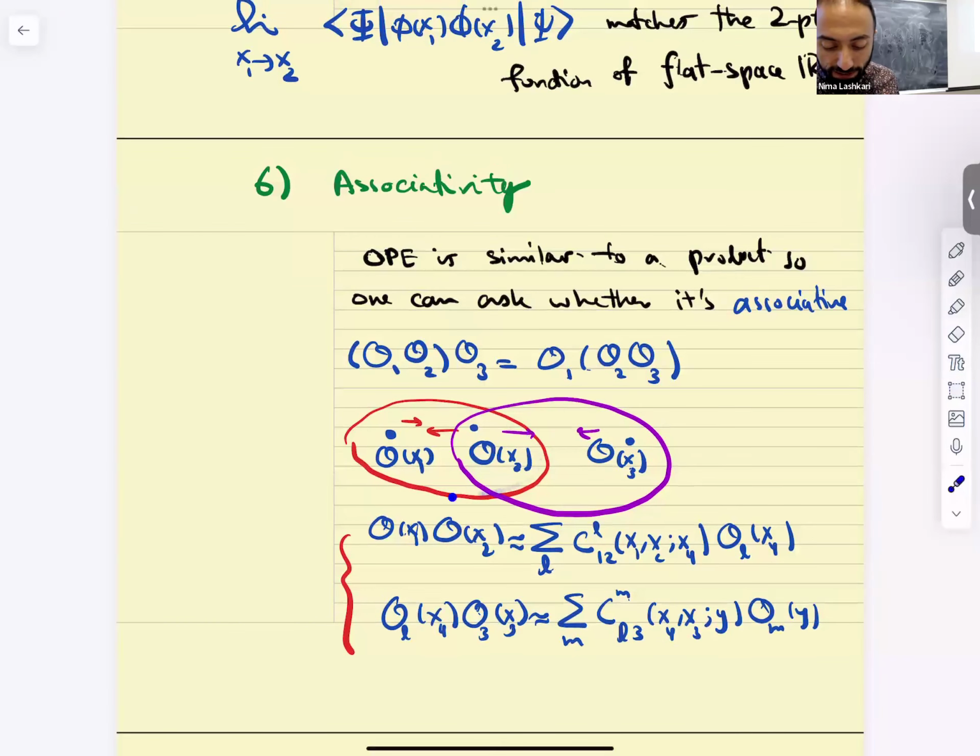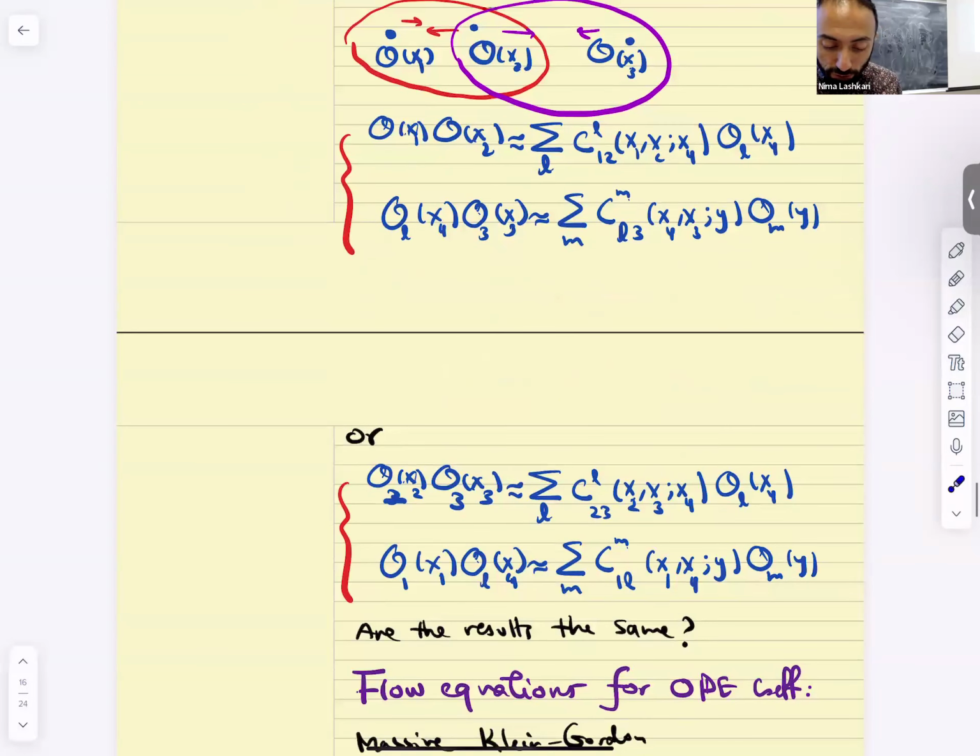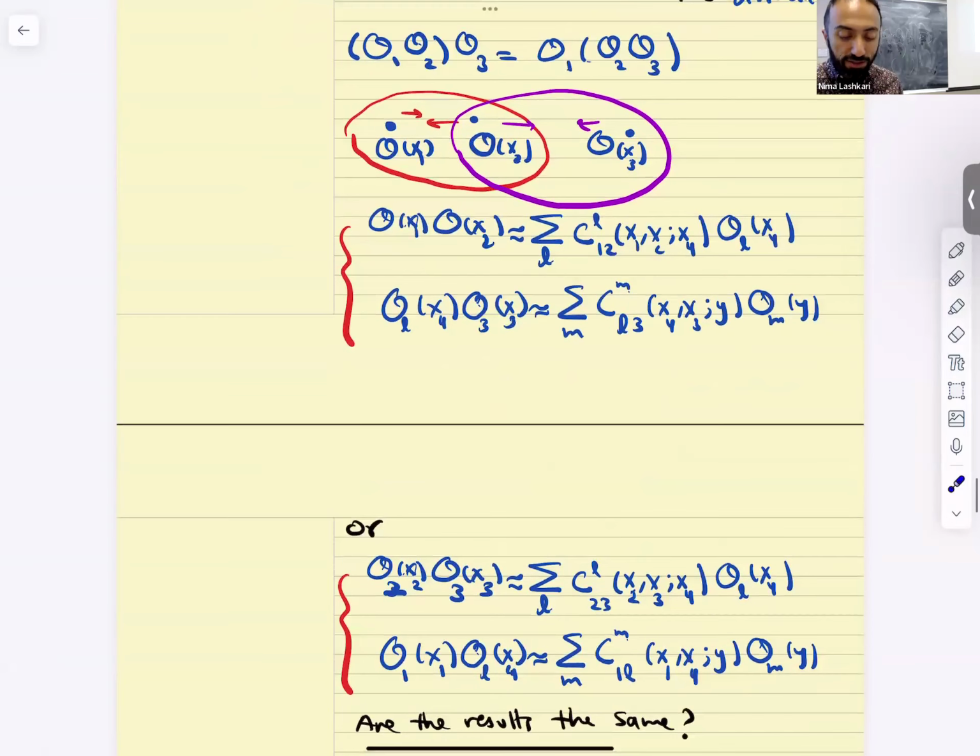Right? So if you take these two guys, you first expand in this channel, it's called. This is what you get, and then expand the result with this guy. Or if you do 2, 3, and then expand it with this, the results should match. Good?